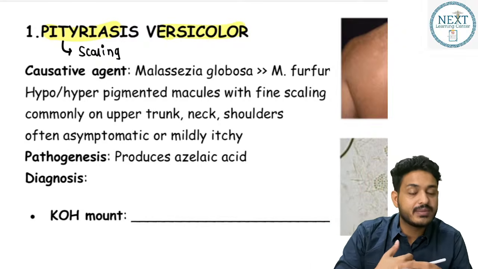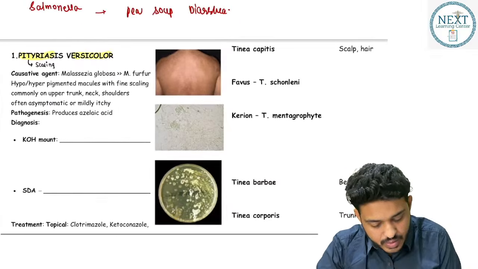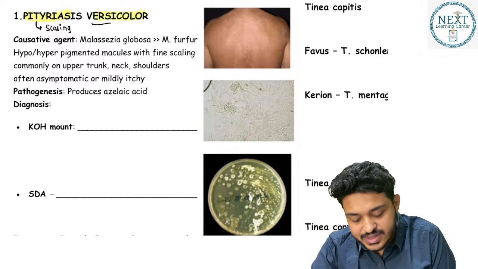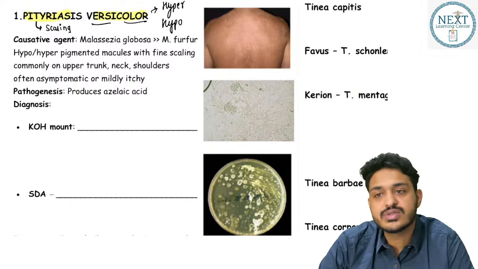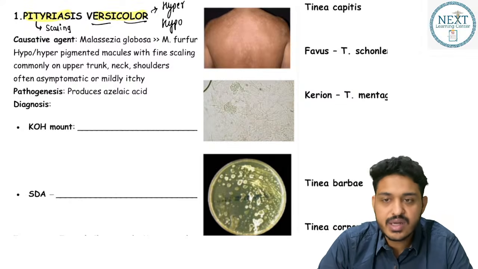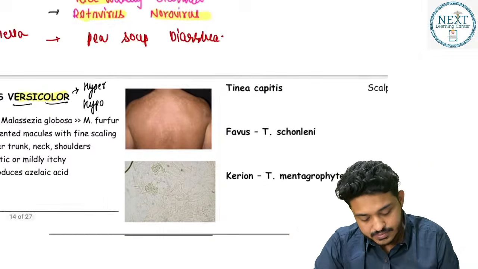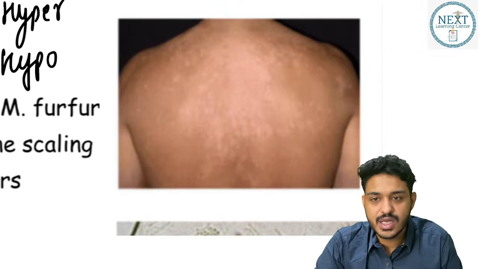Accumulation of the epidermis or superficial layer, that is going to be stratum corneum, right? So scaling is going to be there. Versicolor means different color. So you can have hyperpigmented or hypopigmented lesions, right? So this is known as pityriasis versicolor. Scaling will be present, hyper and hypopigmented lesions on the back. This is known as pityriasis versicolor.